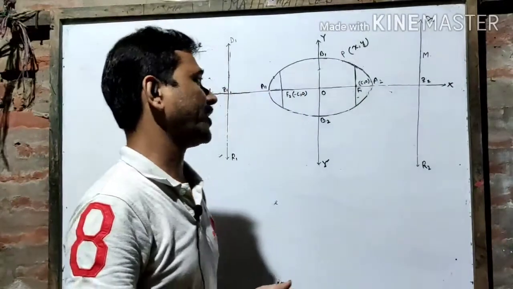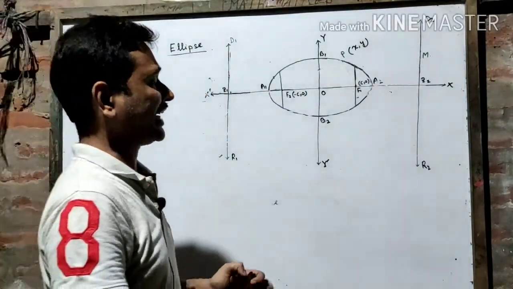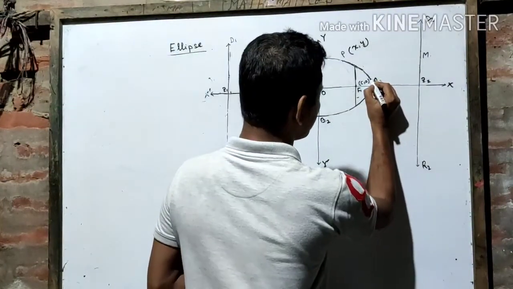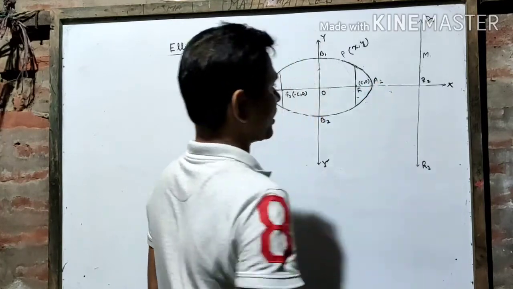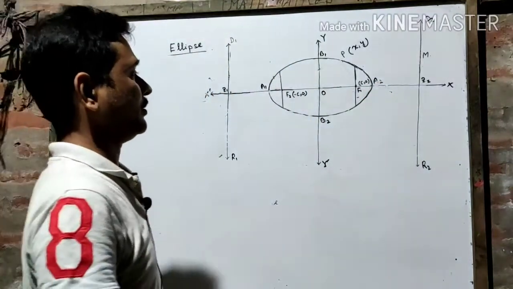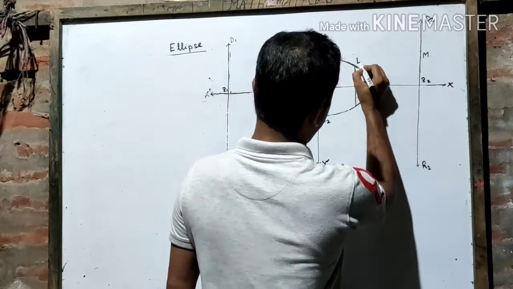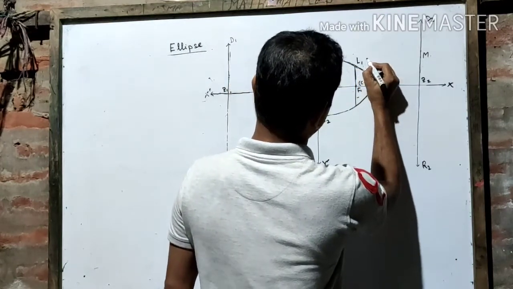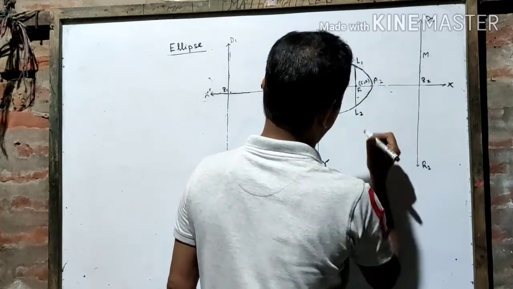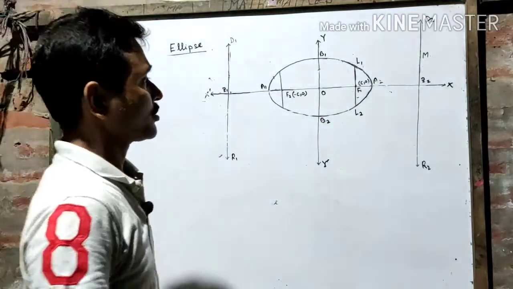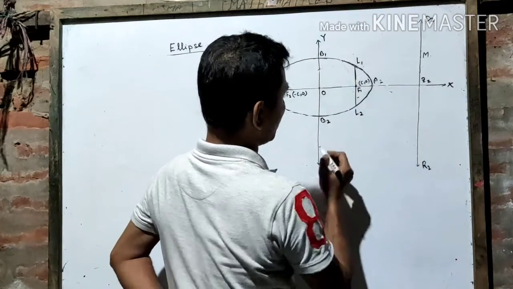So let us try to find the length of that latus rectum. Both the latus rectums are equal in length. Suppose the end points of the latus rectum be L1 and L2. So what will be the coordinate of this L1?